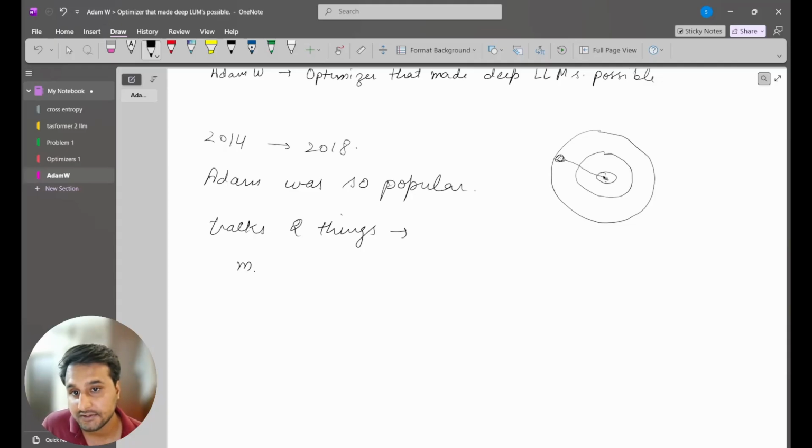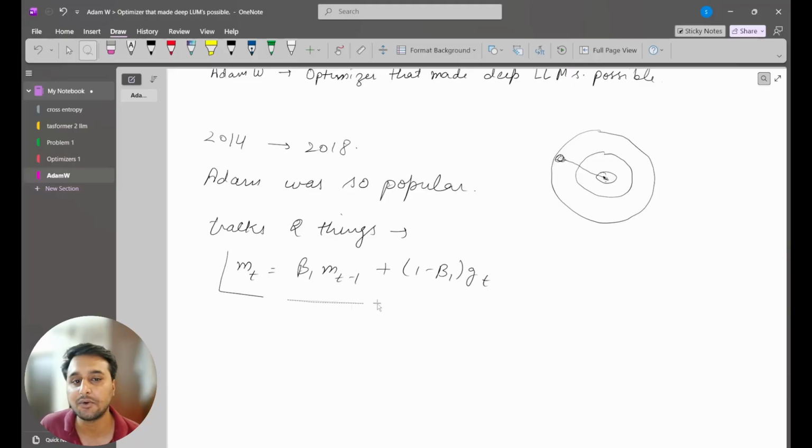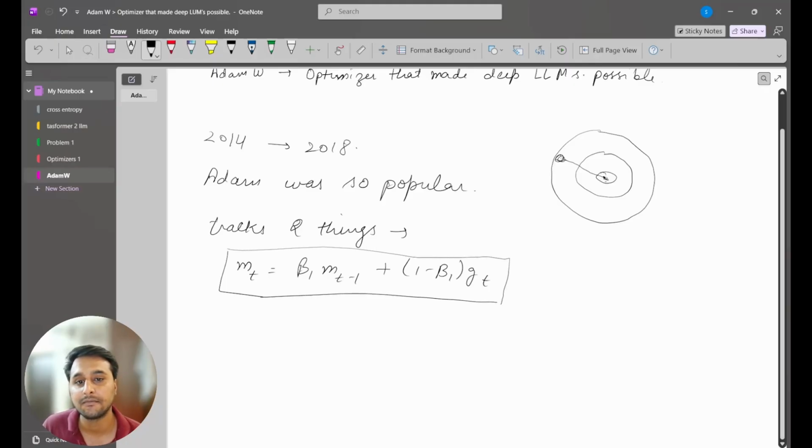The first thing is mt, the momentum part, and the formula of mt is basically beta1 * mt-1 + (1 - beta1) * gt. This is called the first moment.